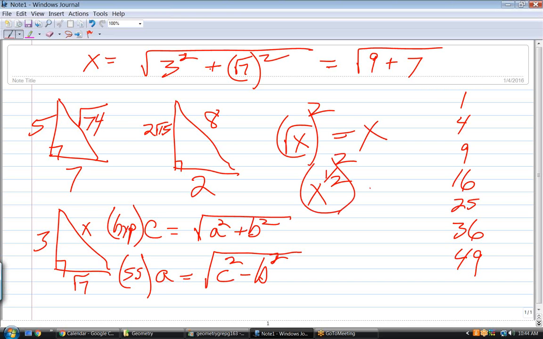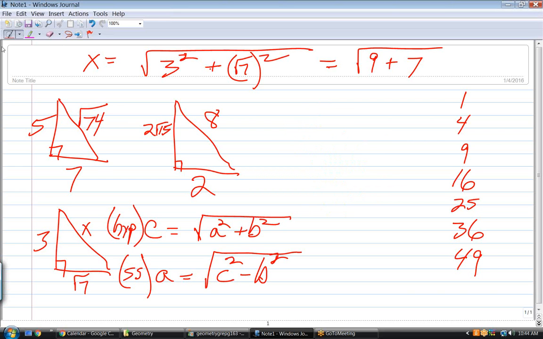And then I'm going to square it, which means I multiply those two together to get x to the 1. But basically, what you need to memorize is that the square root of 17 times the square root of 17 is 17. So, this is square root of 16, which changes to a whole number. So that side is 4.